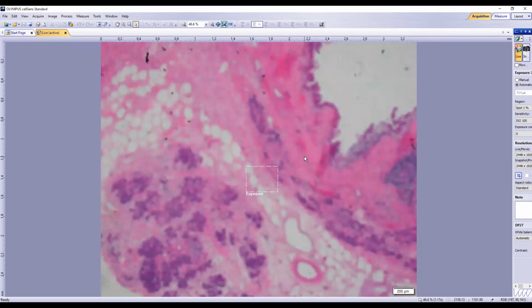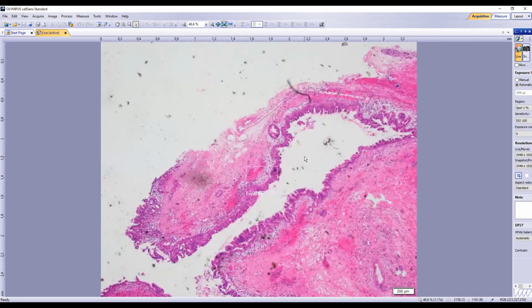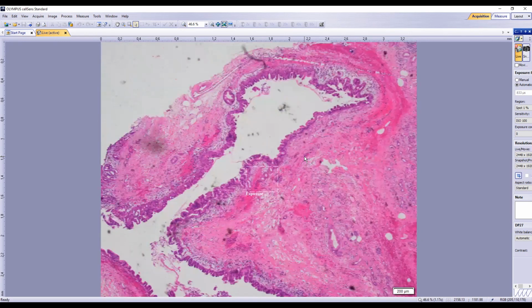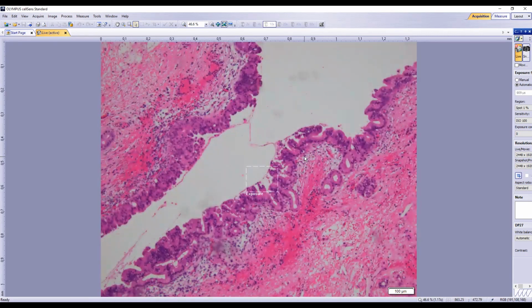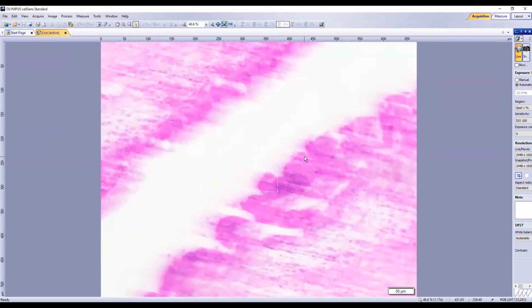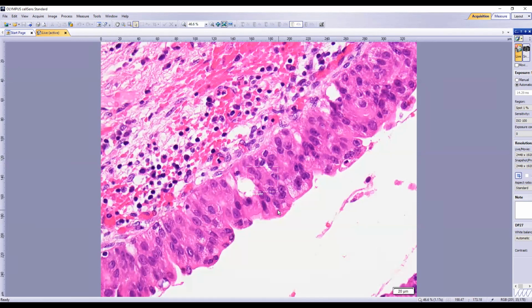Okay, this is the next case. It's a 3 centimeter lesion in the head of the pancreas, and imaging revealed a dilated main pancreatic duct. That's the lining epithelium of the duct.